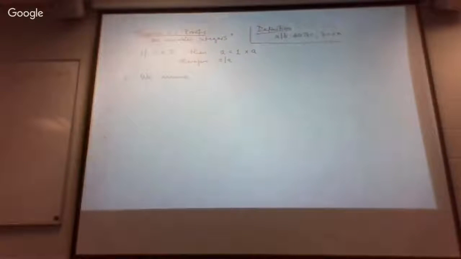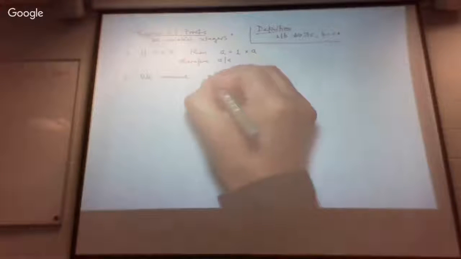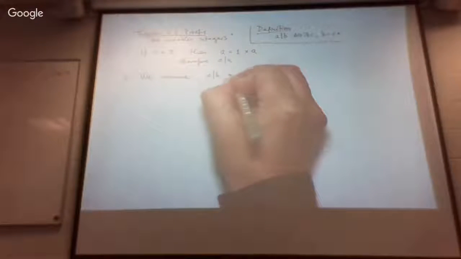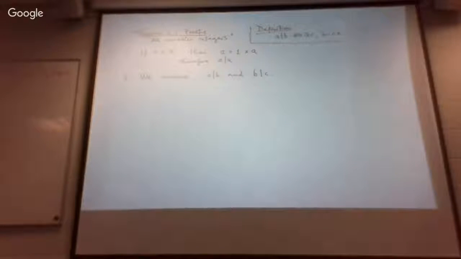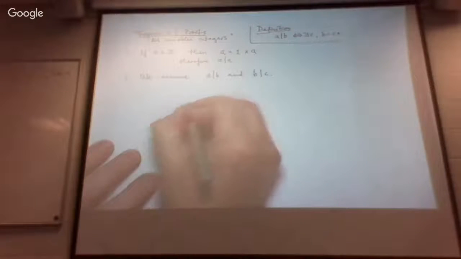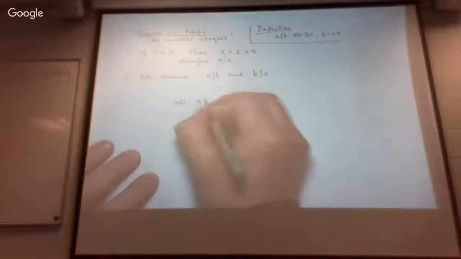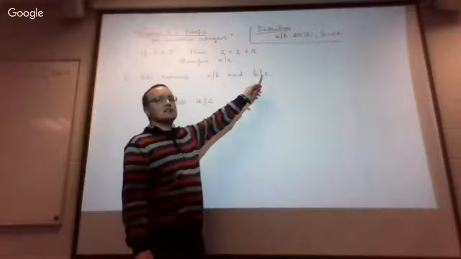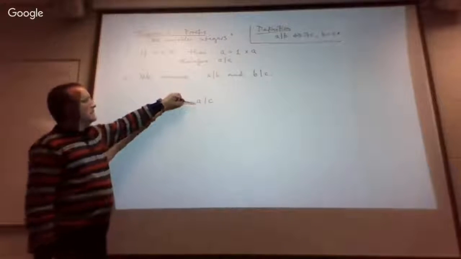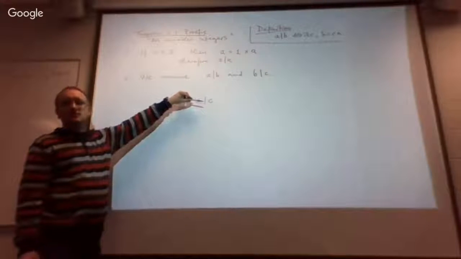So we assume A divides B and B divides C. And the conclusion we want to reach down here somewhere is that A divides C. So how do we get from this information to conclude that A divides C?